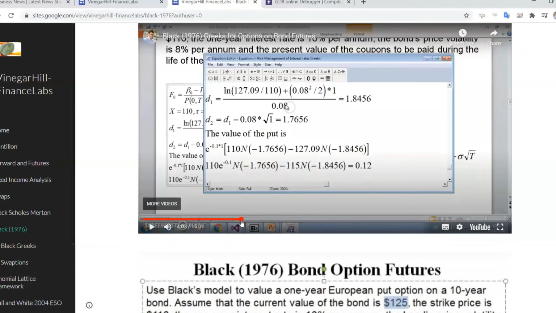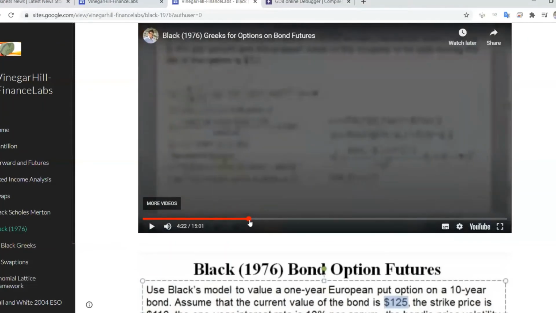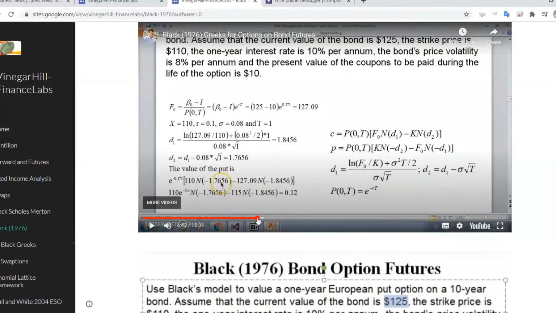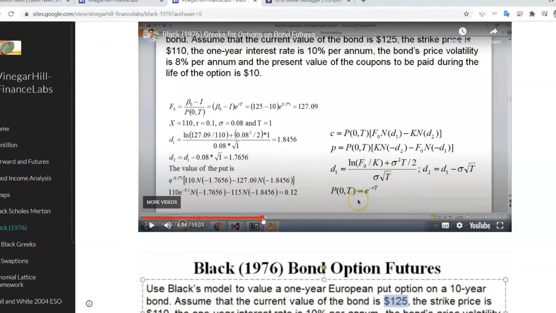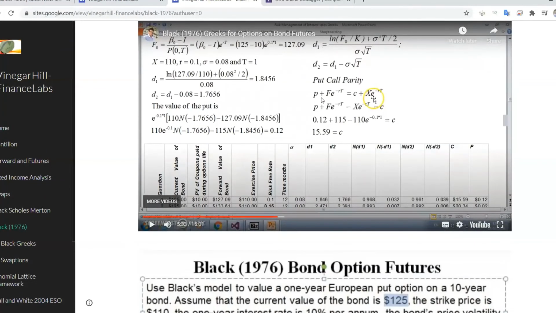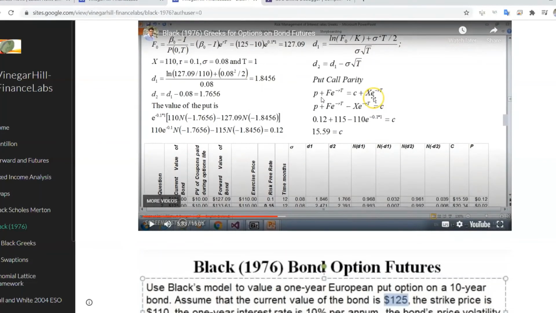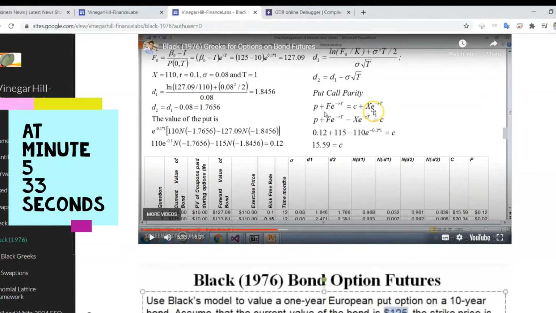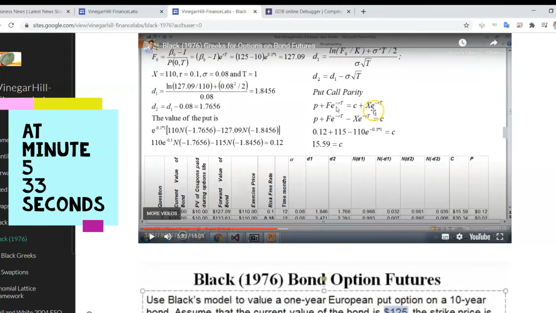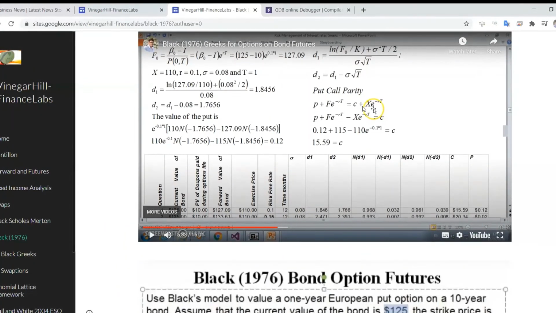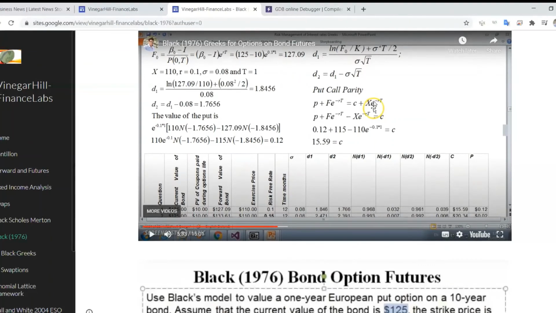Okay, so an alternative to using the Black model, once we find the value of the call or the value of the put, we can infer the value of the other option by using put-call parity. And put-call parity, where the underlying is the futures price, is P plus the futures price F times the exponential to the power of negative rT, is equal to C plus X times e to the negative rT.